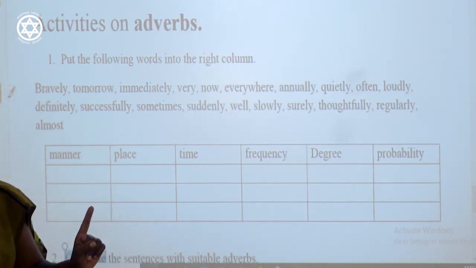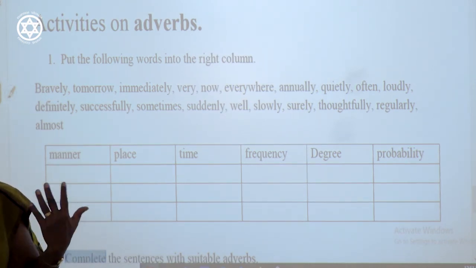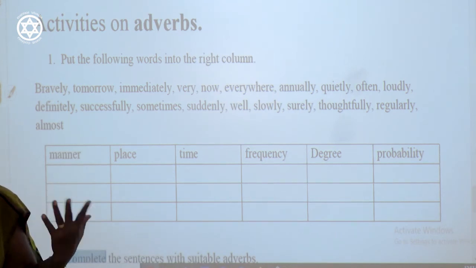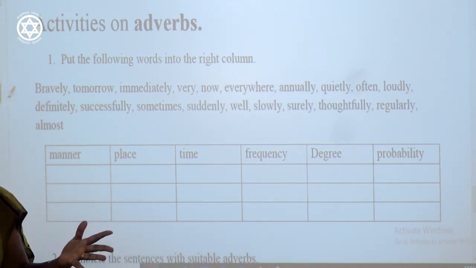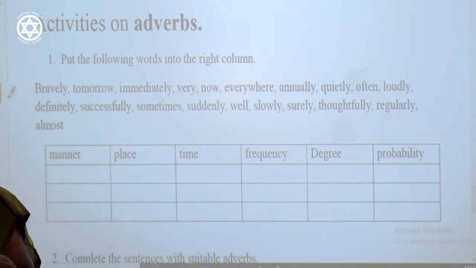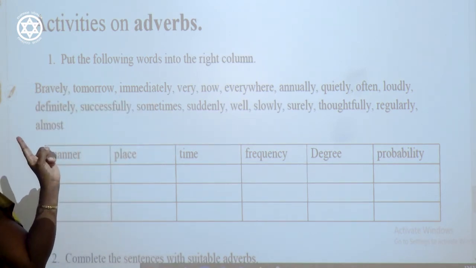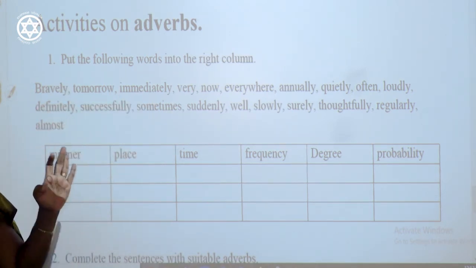So, probability. Probability means whether the action is affirmative or negative. So, you can do this activity the way that I described.